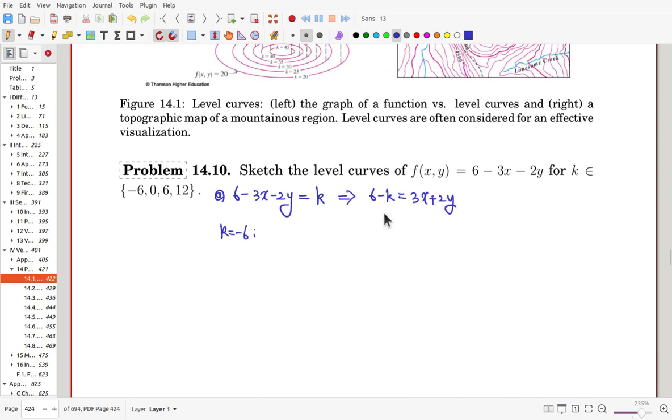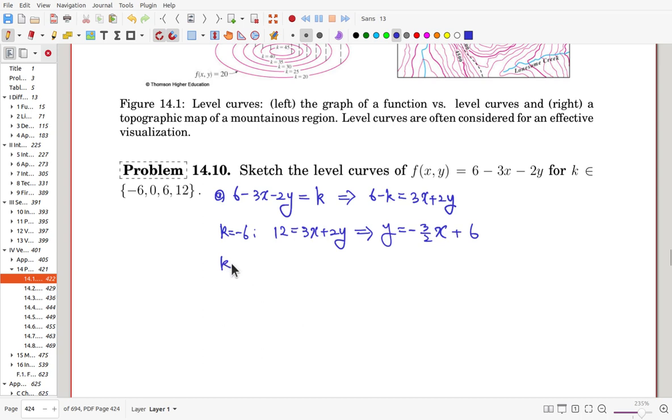Once k is minus 6, then that's 12 equals 3x plus 2y. You may write this one in this way. Move this one to the other side and divide by 2, so that y equals minus 3 over 2 x plus 6.